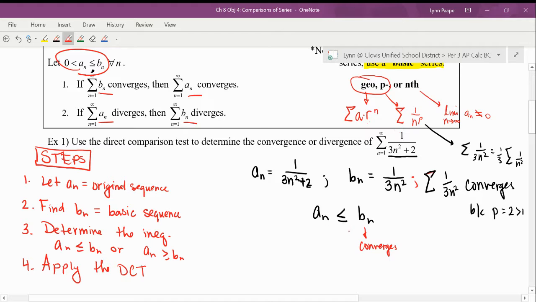So if these numbers over here are always larger and add up to a finite value, then it makes sense that the smaller termed infinite series would converge as well. Because this is all true, I can conclude that my infinite series of An converges as well, and that's by the direct comparison test.